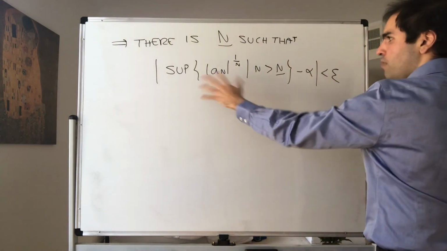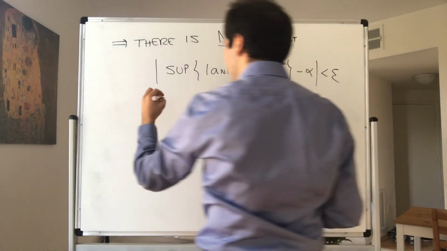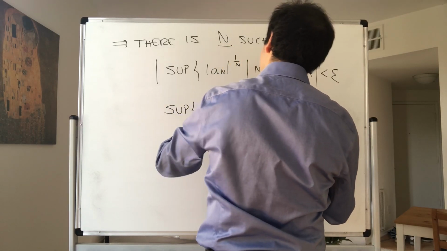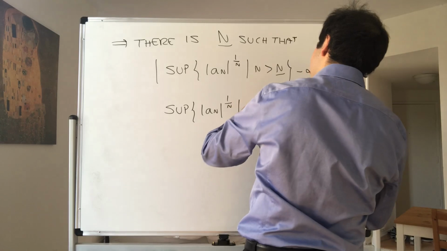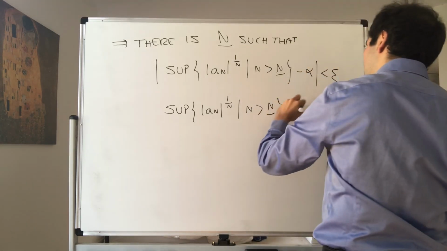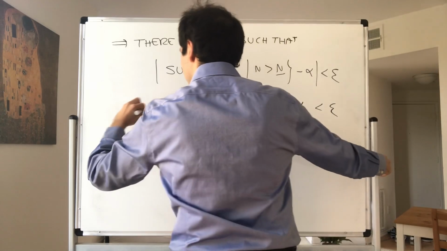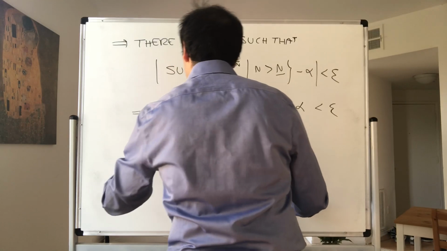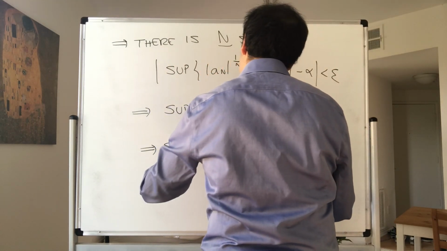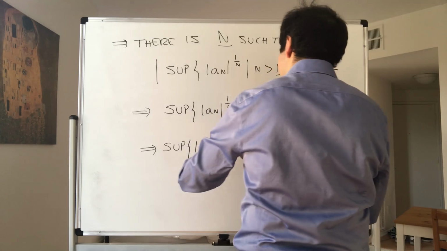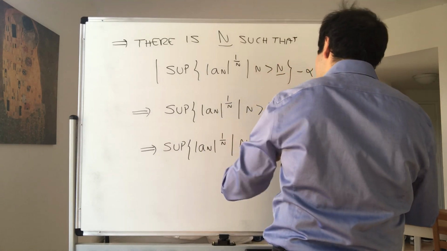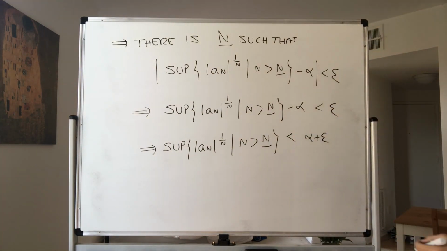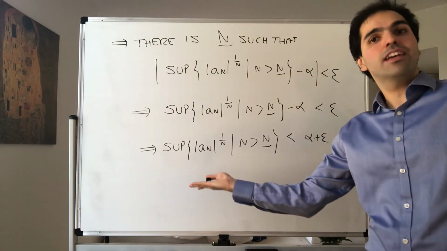So now, let's just write this without absolute values. In particular, what we can say is that the supremum of an to the 1 over n, where n is bigger than capital N, minus alpha is less than epsilon. Therefore, that supremum is less than alpha plus epsilon. Okay, but now look, the supremum is like a max.